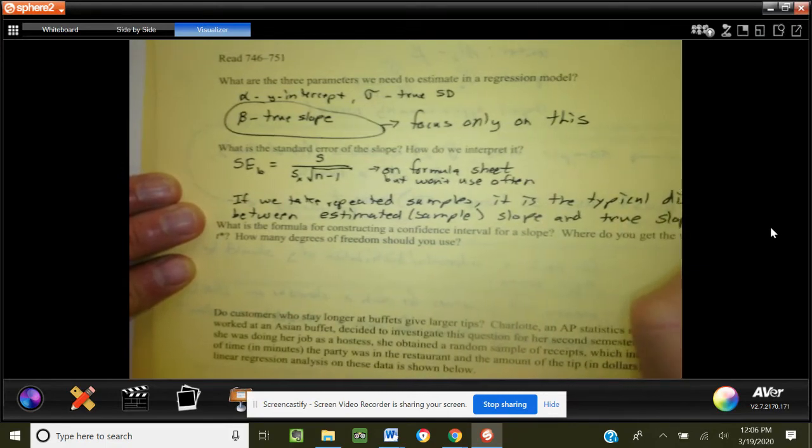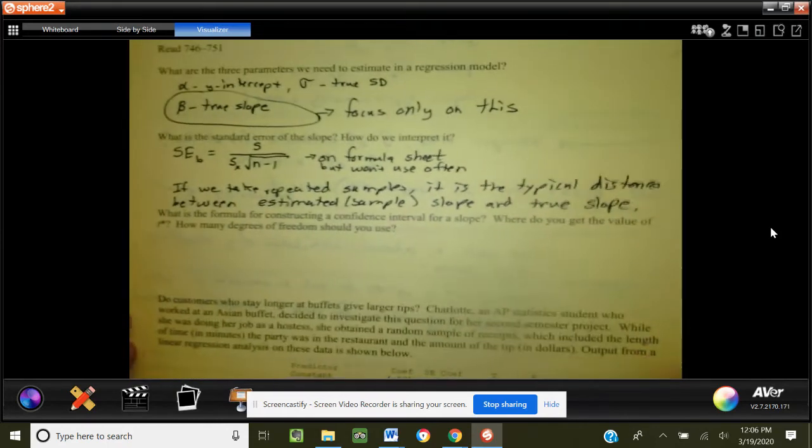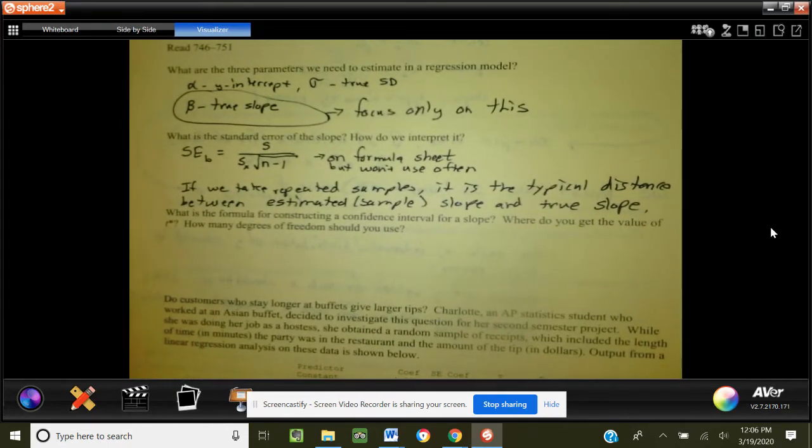Okay. That's always how we interpret standard error. So that is standard error.